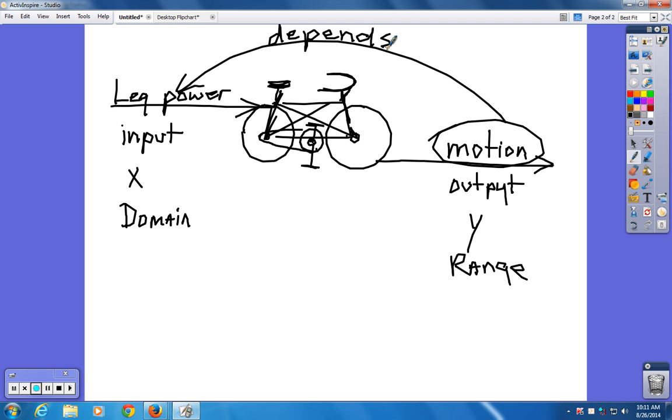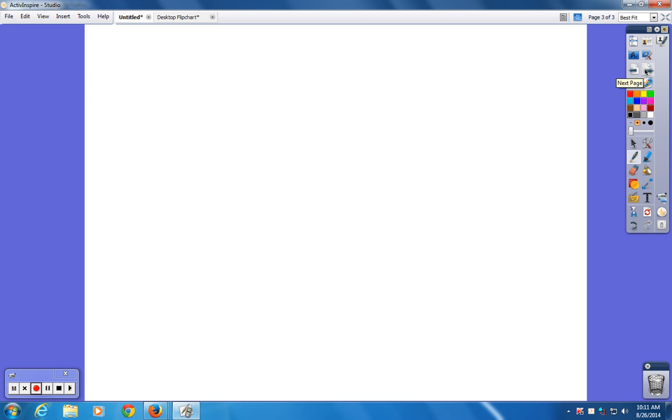The leg strength or the leg power. Again, output depends on what? Y depends on, and range depends on domain. Another example. This one I really have to look hard for.